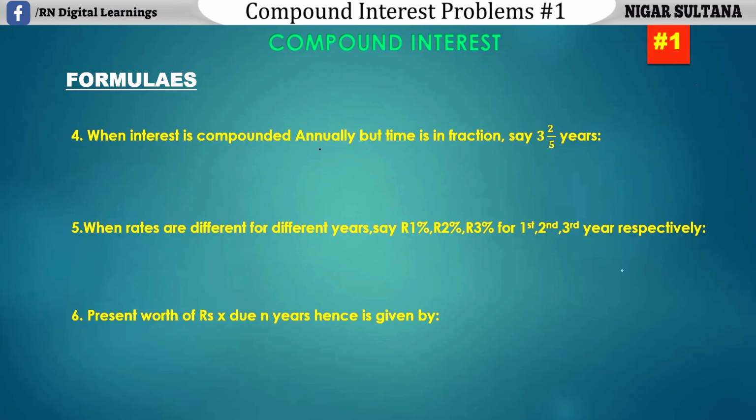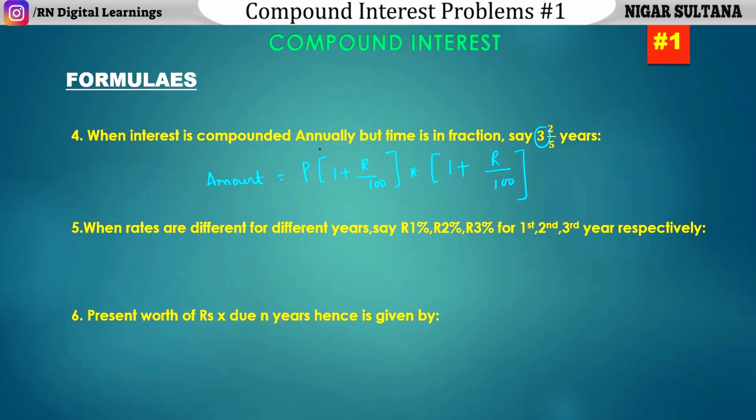Next is when the interest is compounded annually but the time is in fraction, say 3 and 2 by 3 years. So how will you represent this? Amount is equals to P, that is the principal amount, 1 plus R by 100, star 1 plus R by 100.